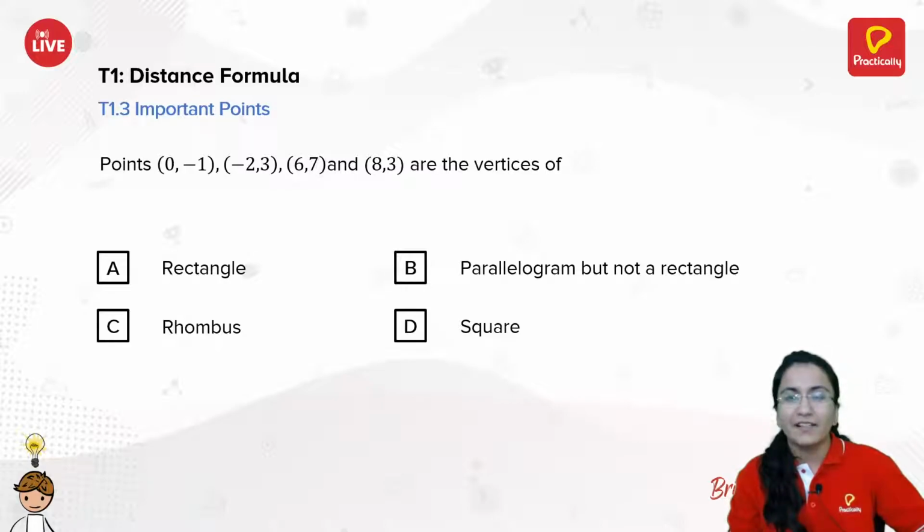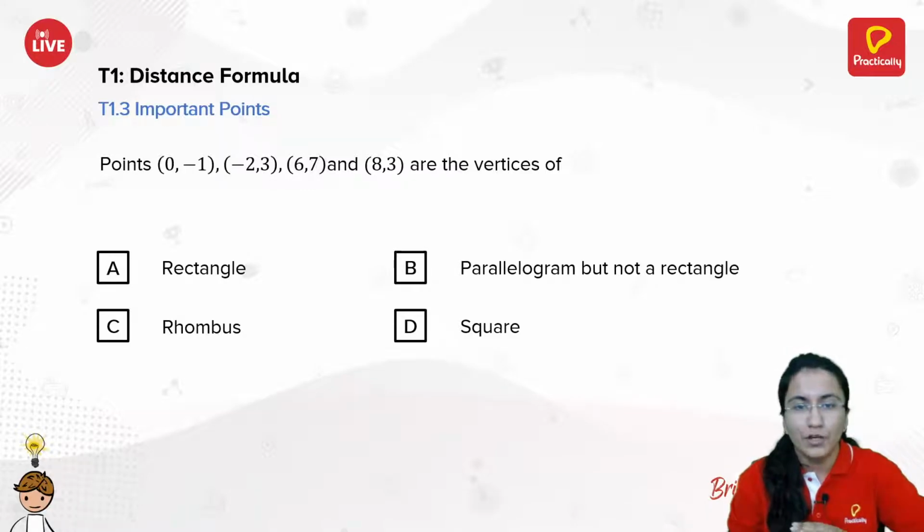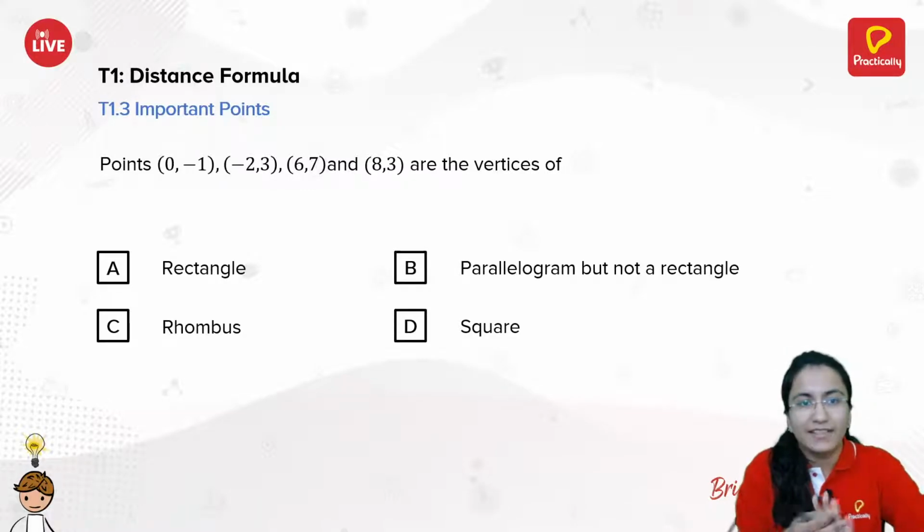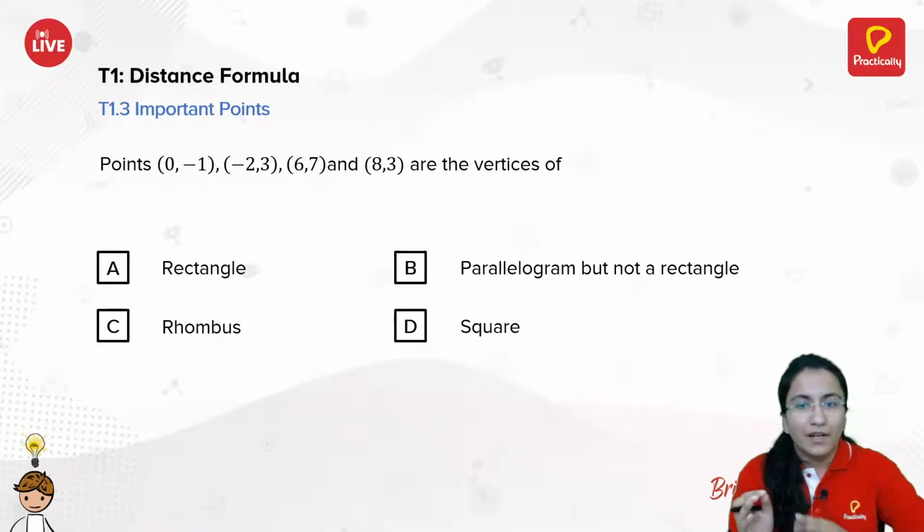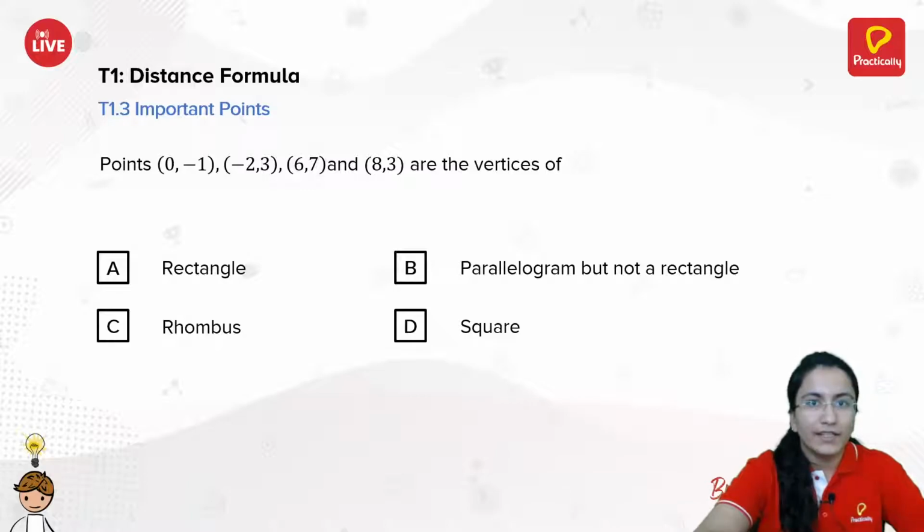We have already covered the important points, like how you will say that the given points are the vertices of a rectangle, rhombus, or parallelogram but not a rectangle or square. For that, you need to check the lengths of all the sides, as well as the diagonals. Only then can you answer.